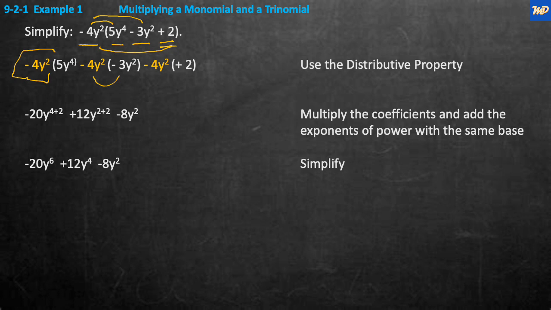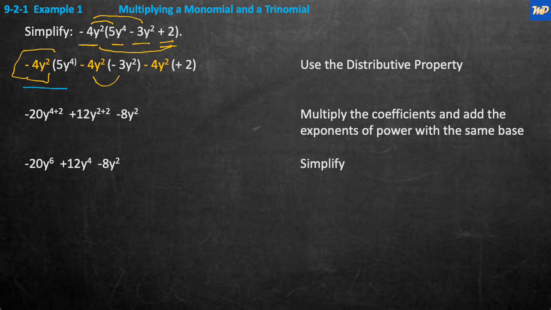We get negative 4y squared times 5y to the fourth. When you multiply that out, you get negative 20, which is 5 times 4, and the exponents, 4 plus 2, so our exponents add. Same thing here: negative 4y squared times negative 3y squared.